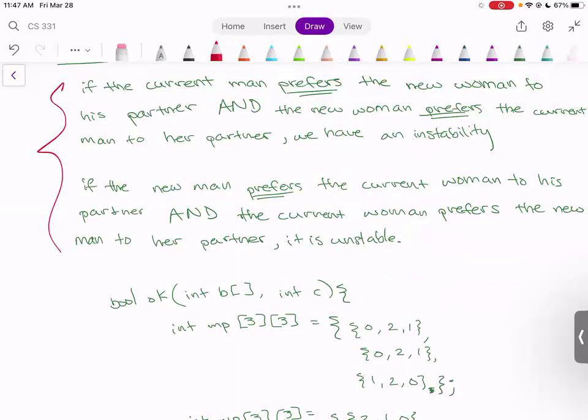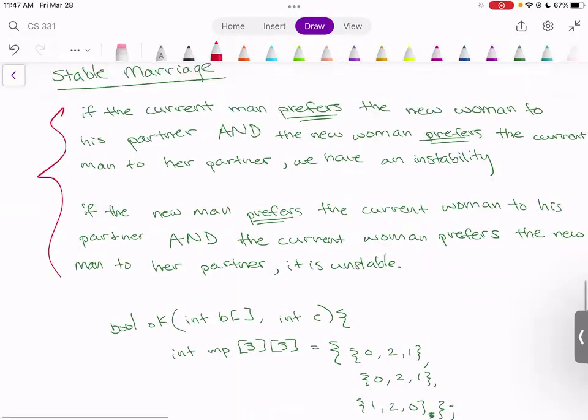Let's look at the first one. If the current man prefers, so Waxman told you something about this. When we prefer somebody, do we rate them high or low? No, we rank them low.